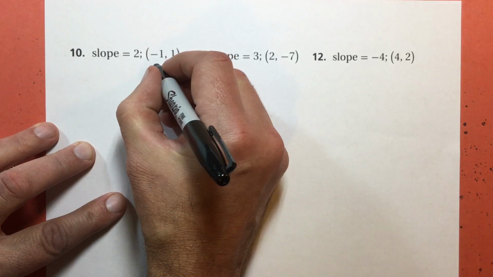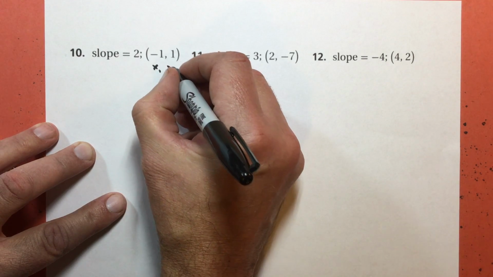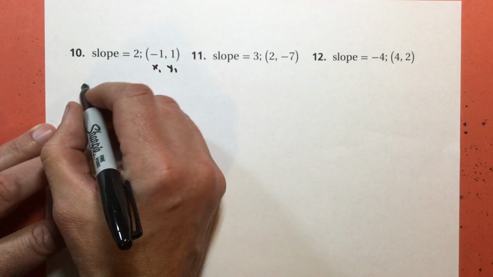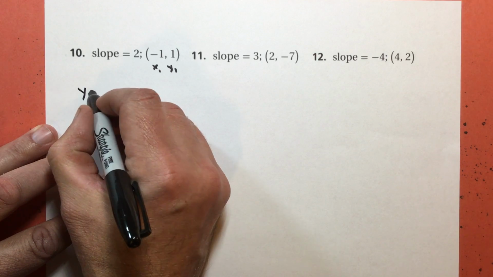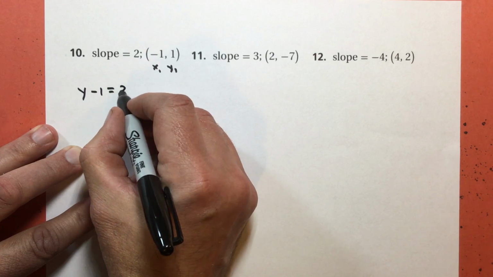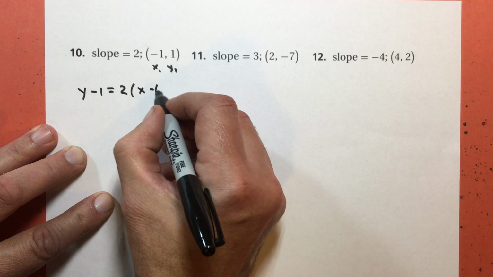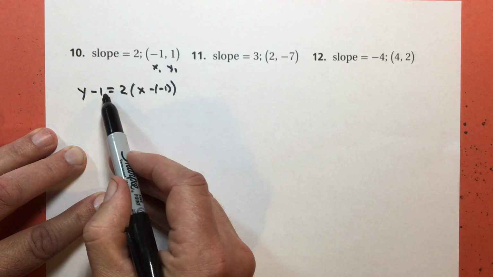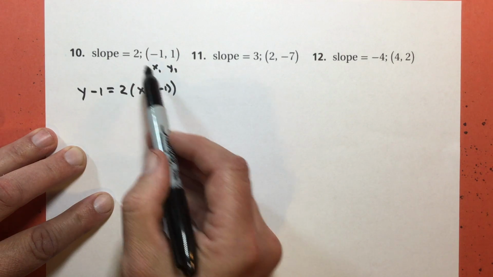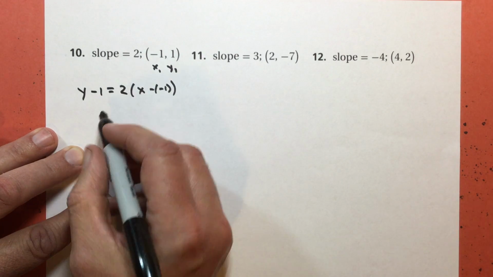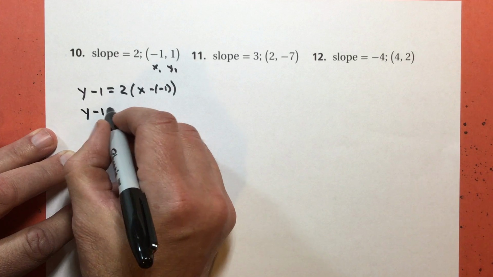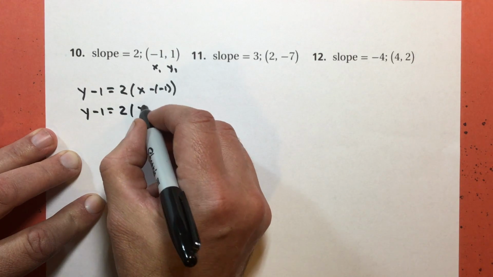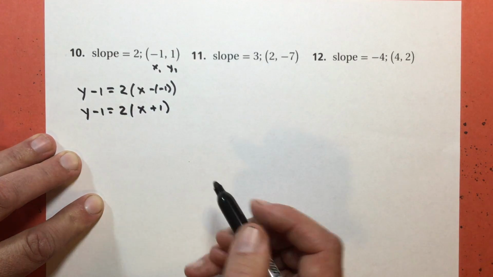Number 10. Slope is 2. My point is negative 1, 1. So y subtract 1 equals 2 times x subtract negative 1. So the 1 goes here, the negative 1 goes here, and the slope goes here. y subtract 1 equals 2 times x plus 1.